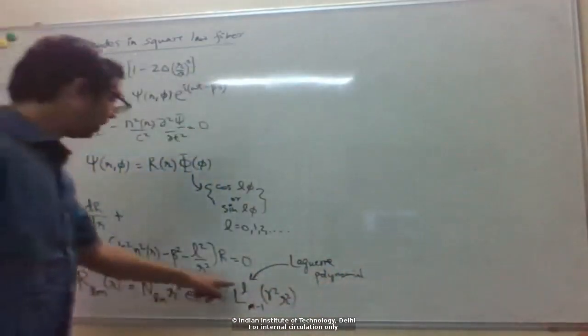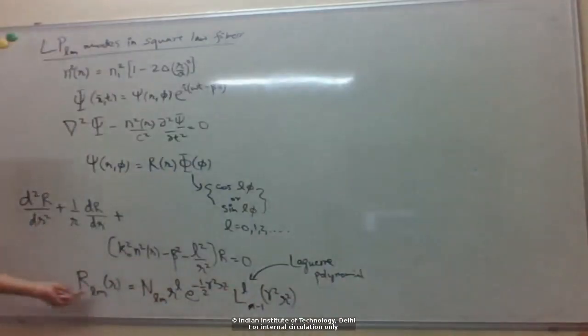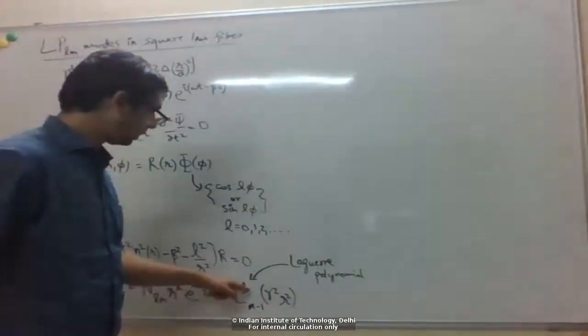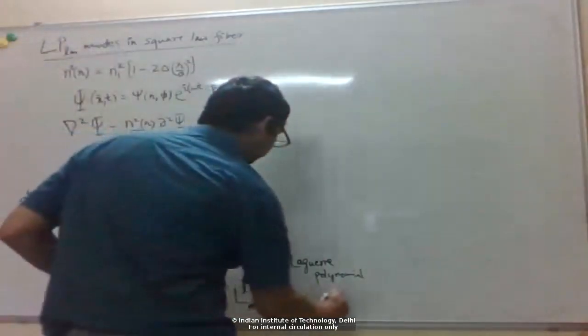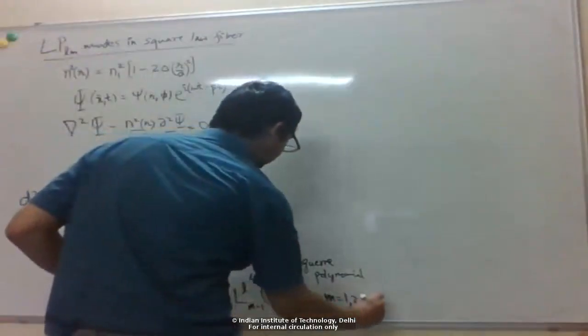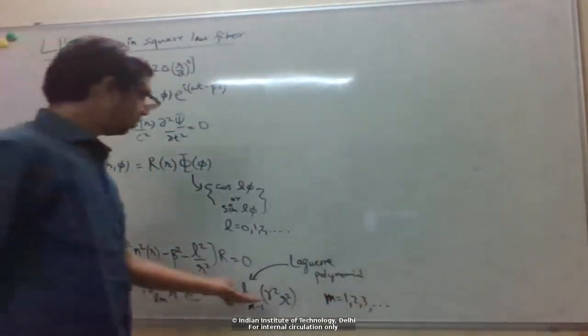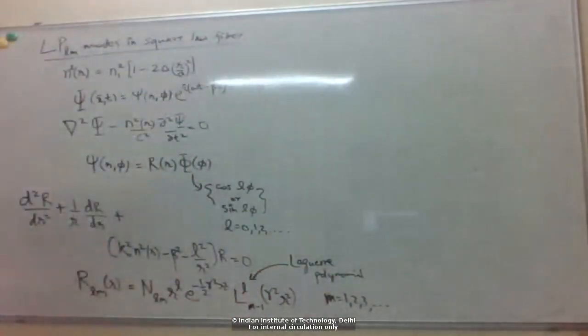The Laguerre polynomial has two indices. For the LM mode, the Laguerre polynomial has index L and M minus 1. M here of course goes from 1 to infinity. So for each L, you can get a number of solutions depending on the value of M here.